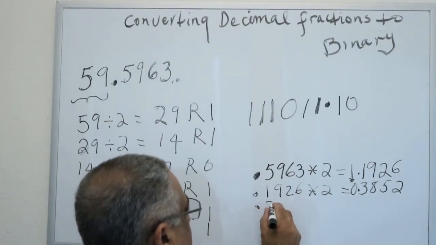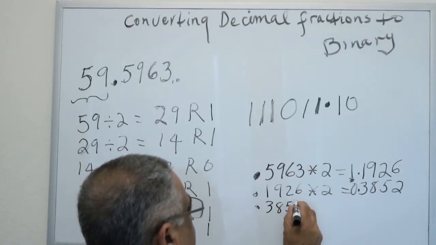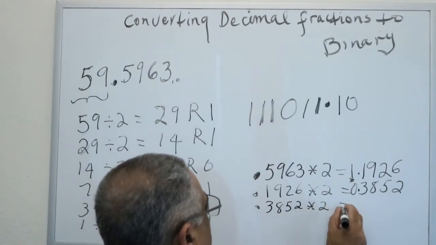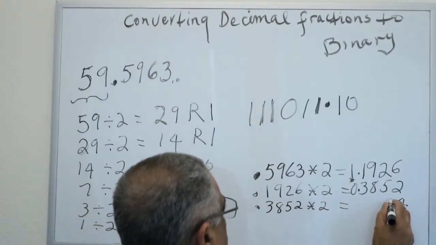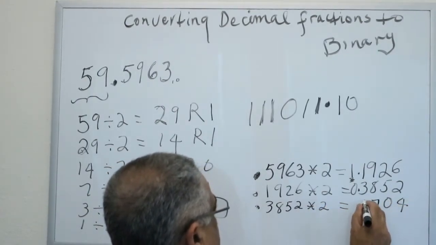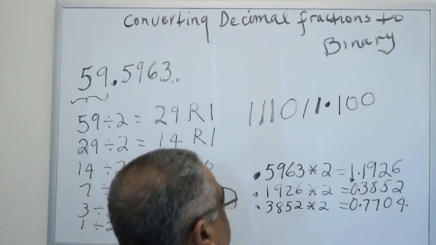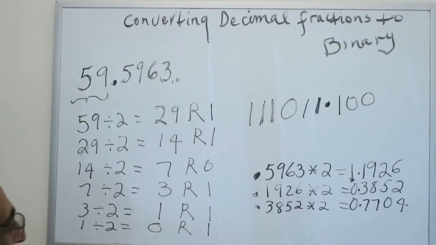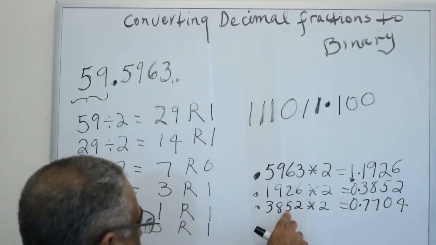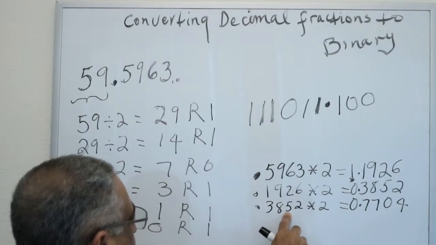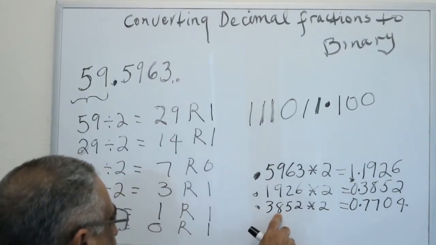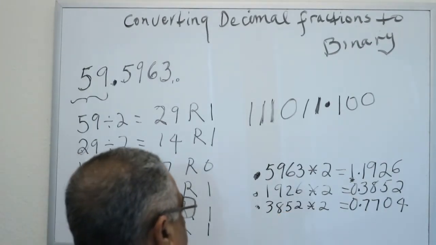Then I'm going to take 0.3852 times 2, and that gives me 0.7704. So that's a 0.